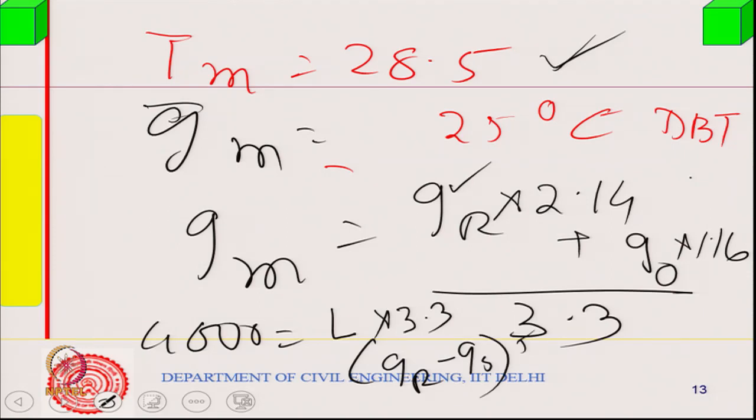So, supply air, I can find out from this equation now. L is known to me, 3.3 is given because that is the supply rate, Gr I have found out. So, Gr minus Gs I can find out. So, supply air entering into the room will be at 15 degrees centigrade. The moisture content must be given by Gs.